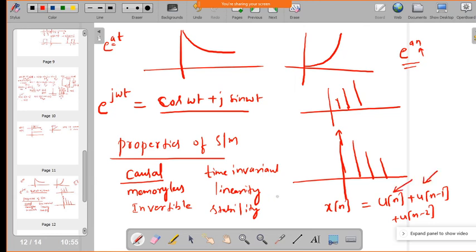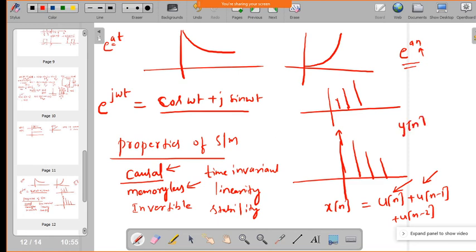It does not depend on the future value. So the system is said to be a causal system, otherwise it will be a non-causal system. And similarly, if you have a function which depends only on the present value, then we call it a memoryless system, and if it depends on future or past values, then the system is said to have memory.